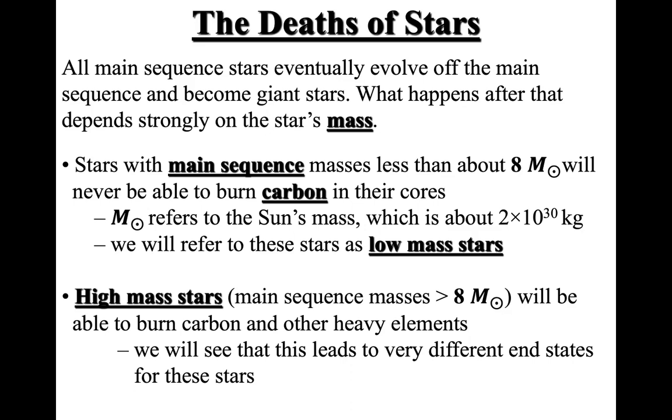But to have a gravitational collapse, you have to have enough mass, right? For these lower mass stars, they will have carbon at the core, but after that they will not have enough temperature at the central region to burn carbon into heavy material, right?